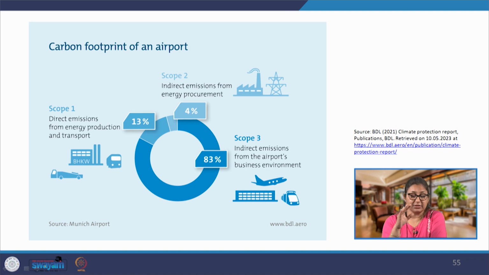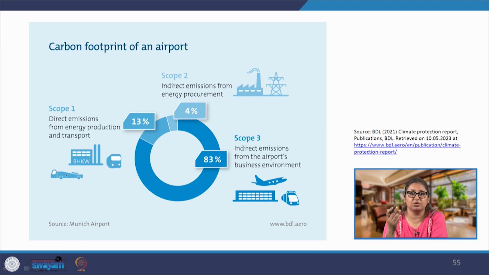This is another very interesting example which is carbon footprint of an airport. Now, here if you see scope 1 emissions are from direct energy production and transport, if there is energy production at the site itself, and then the transport. So, airports have a lot of transportation that is happening on ground for managing all the activities there.